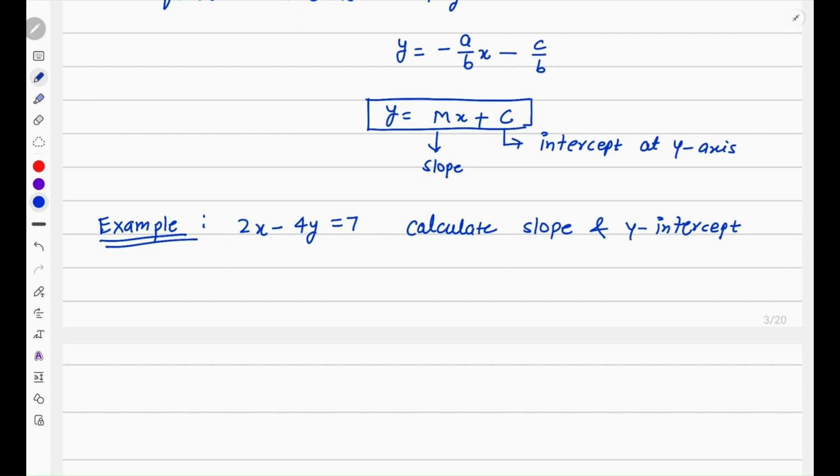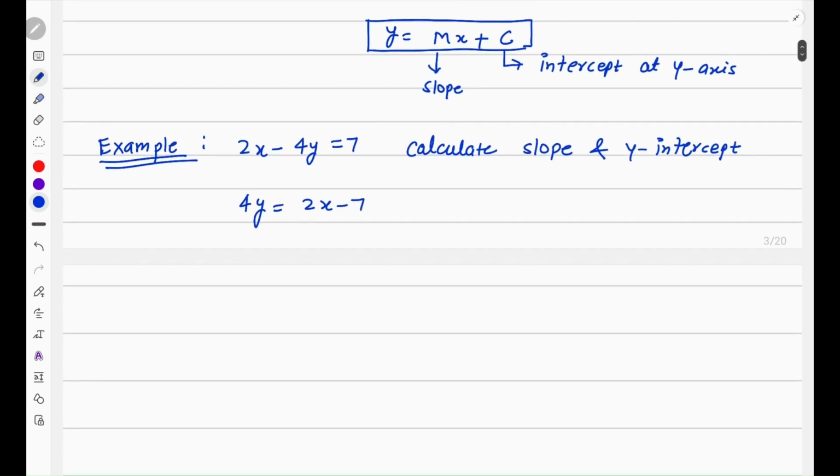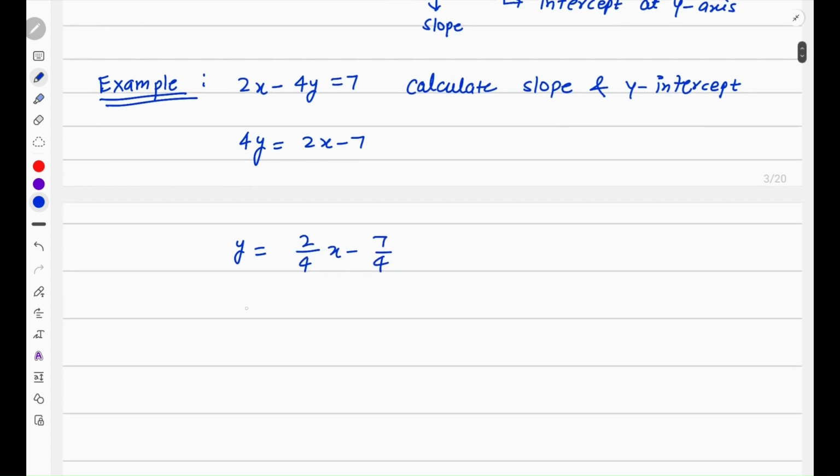We can change it into the standard form. So we can say 4y is equal to 2x minus 7, and y is equal to 2 over 4 x minus 7 over 4. It is y equal to 1 over 2 x plus minus 7 by 4.